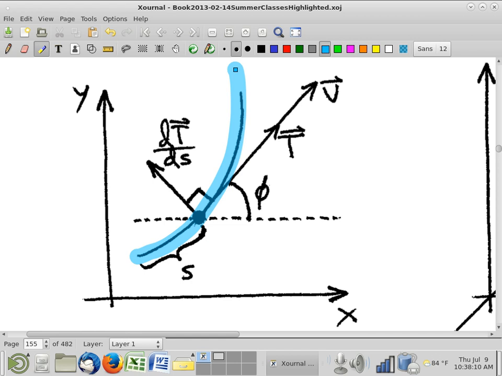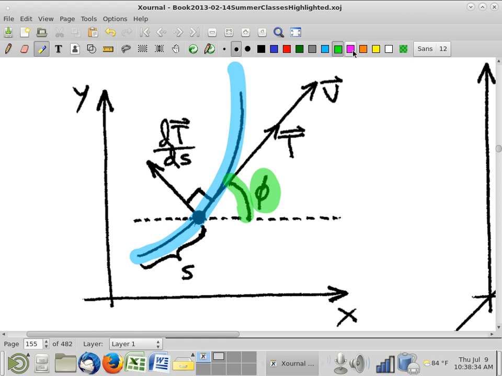So first, I have to make a definition of what exactly is this curvature thing. There's different ways that you can define it. The way I'm going to define it here is that we're going to look at this angle. I'm going to use phi, which is not a rare choice. It has the disadvantage of it looks like the spherical angle. Phi, it's not. It's got nothing to do with spherical coordinates.